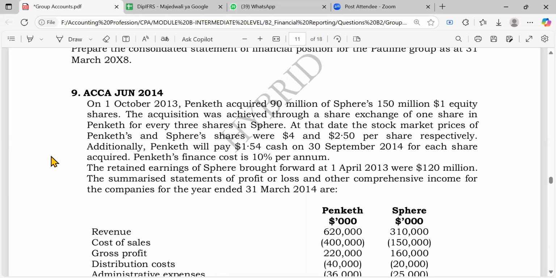But we know the components of equity: share capital, share premium, and if you have it, the revaluation surplus, things like those. We can see here that we are told Pancake acquired 90 million shares of the 150 million $1 equity shares. So if you take 150 million times $1, which is the nominal value of the shares, you will get 150 million in equity share capital.